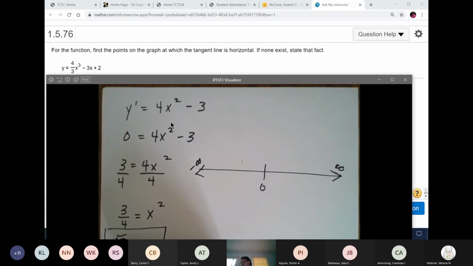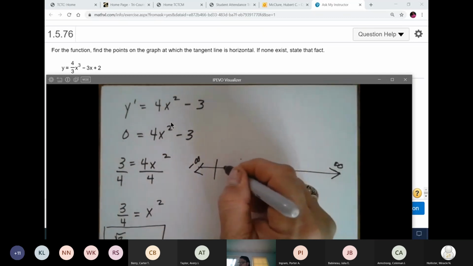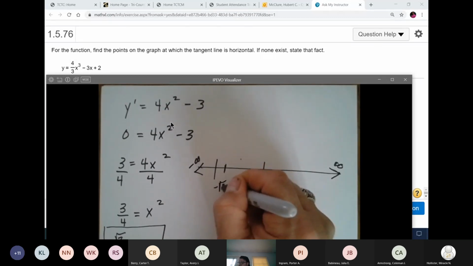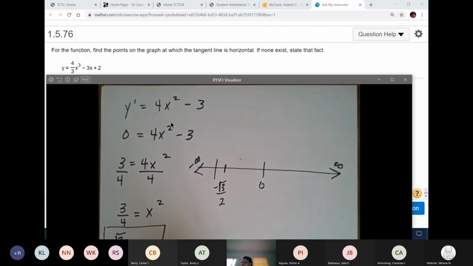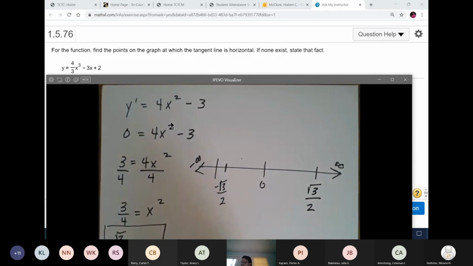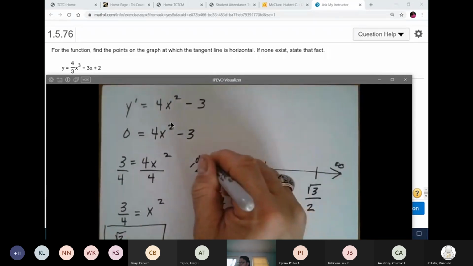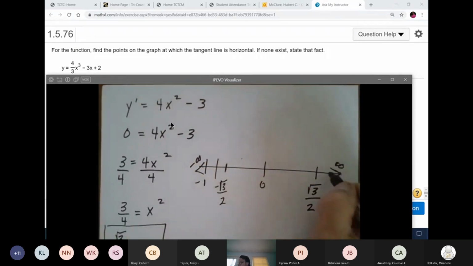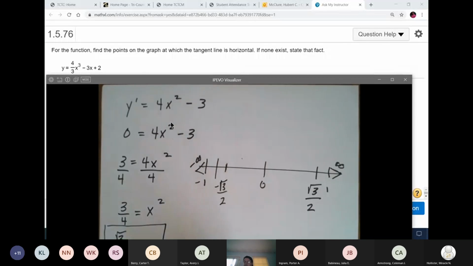Well, the square root of 3 is 1.7, which is almost 2 over 2, which is almost 1. So I'm going to put negative square root of 3 over 2 right there. And up here, I'm going to put positive square root of 3 over 2 right here. And of course, past that is 1, a negative 1 and a positive 1.